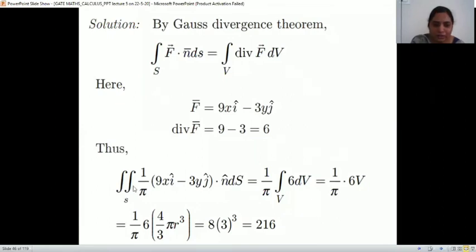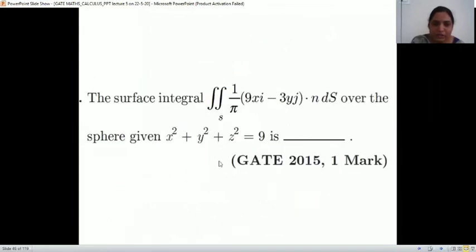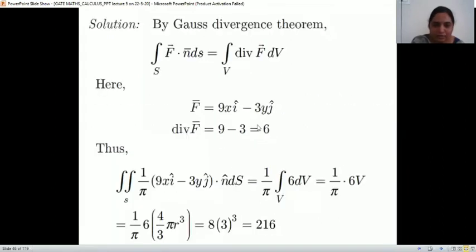And then double integration, what we need is this integral, we are writing it here, dot n cap ds. 1 by pi is constant outside, and double integration of this dot n cap ds is nothing but triple integration, volume integration of del dot f bar dv.